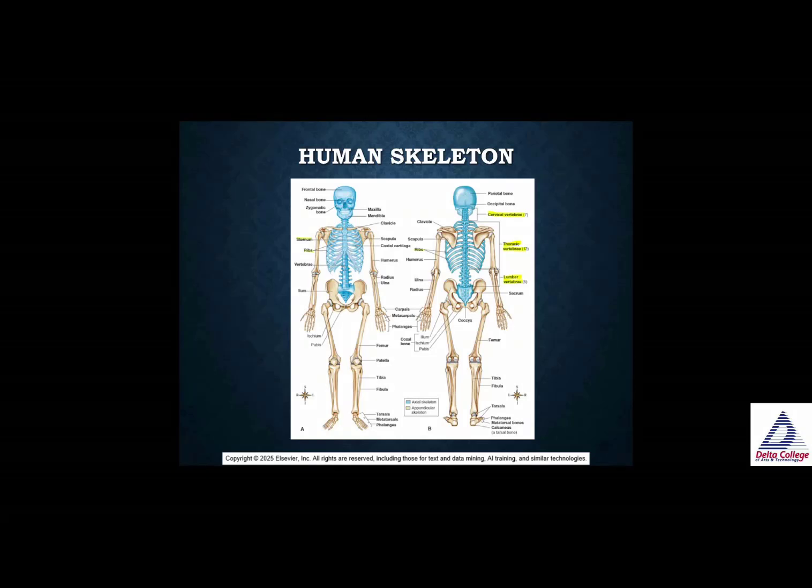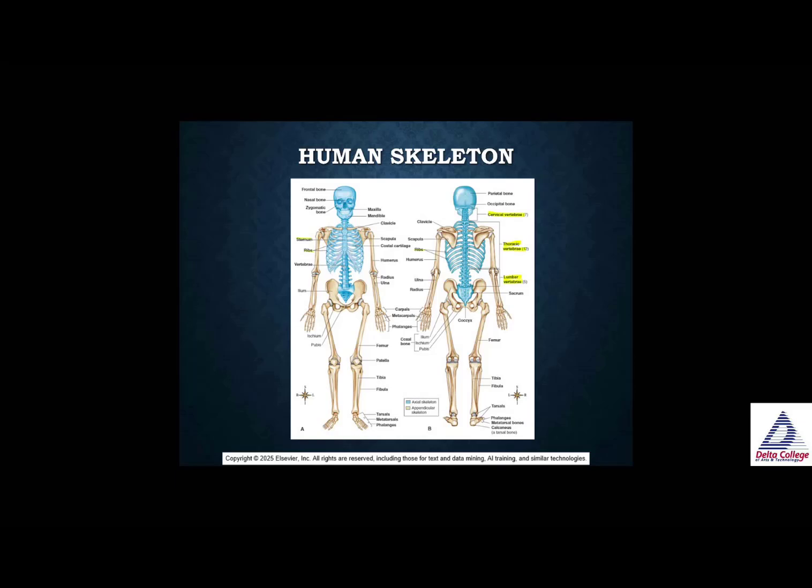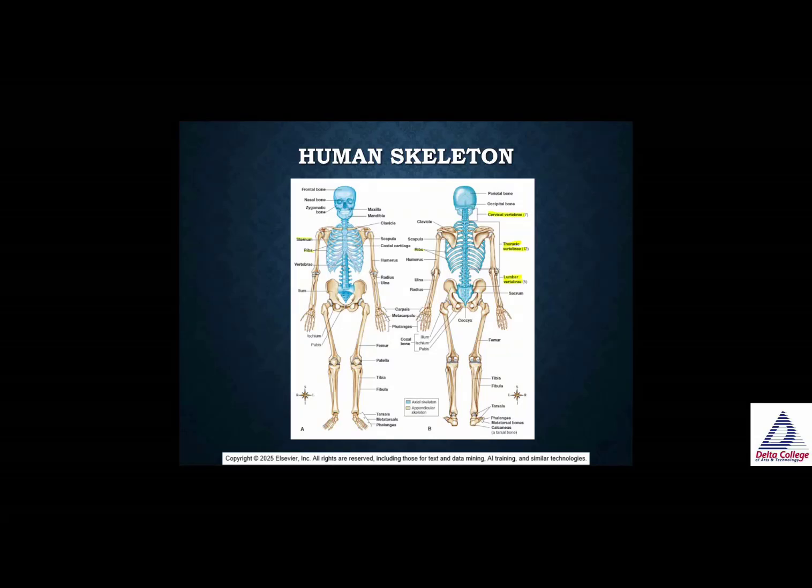The appendicular skeleton is going to be made up more of the extremity bones, such as the radius and ulna in the forearm, the femur, the long leg bone at the top of your leg, patella, tibia, fibula of the lower leg. So again, I'm not going to have you labeling, but you need to know what is in which part of the skeleton. Therefore, you do have to know where these bones are.